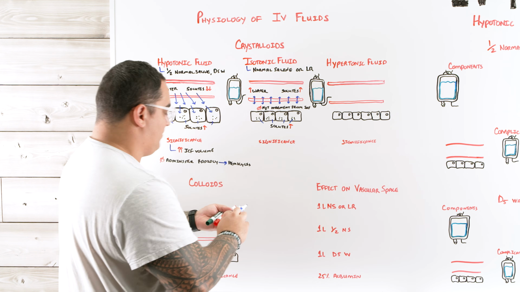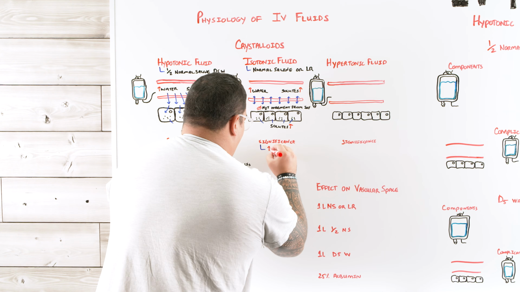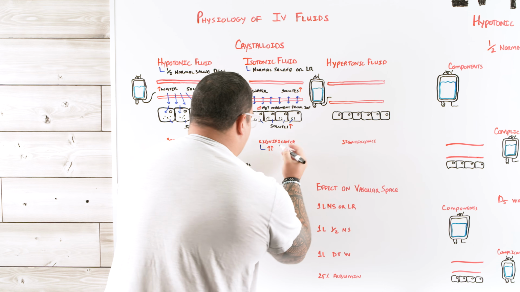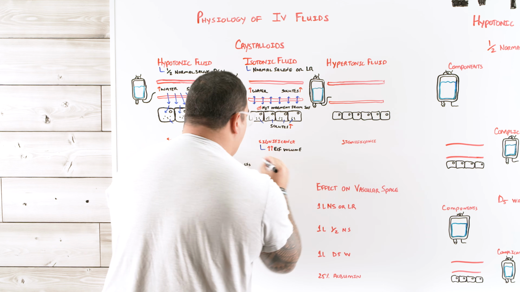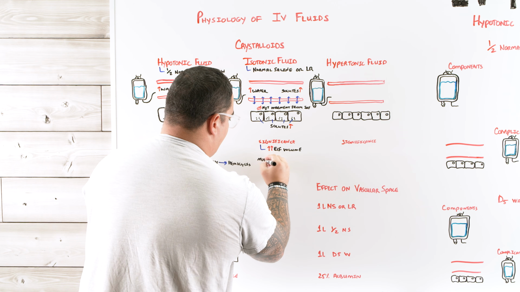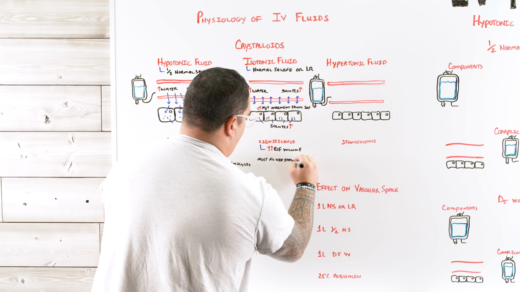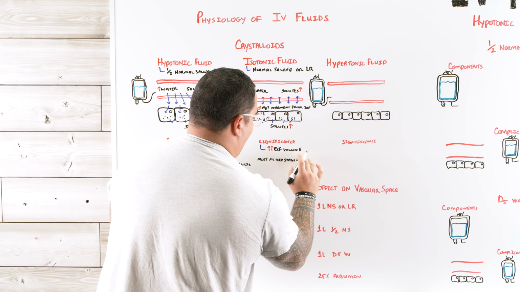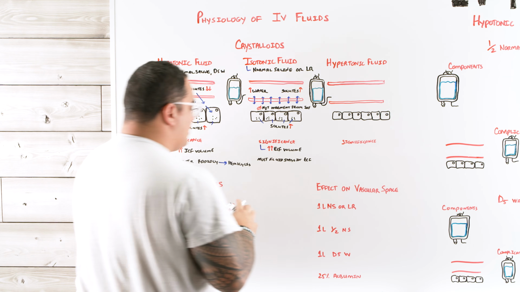With that effect then, what we say is that this is going to increase the extracellular fluid volume, because we say most fluid stays in the extracellular fluid. And I'll talk about this because this is kind of important.